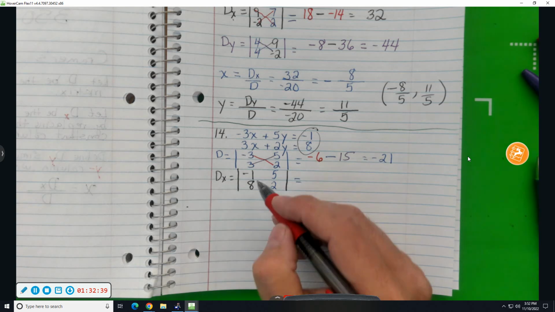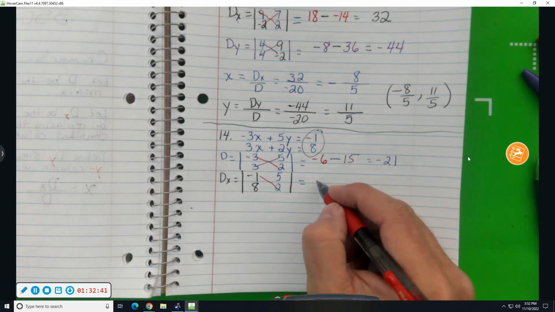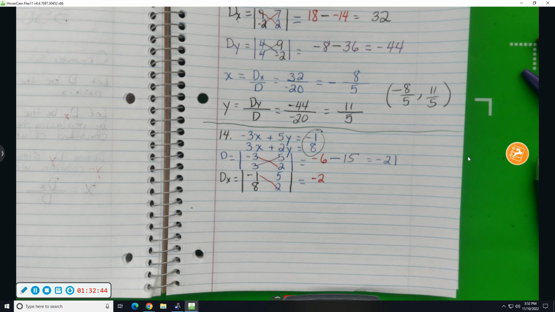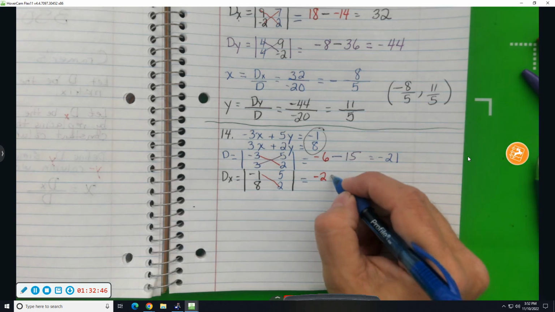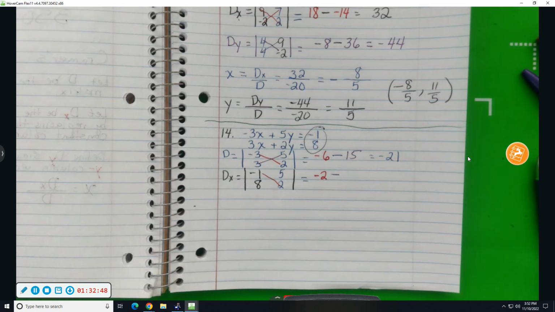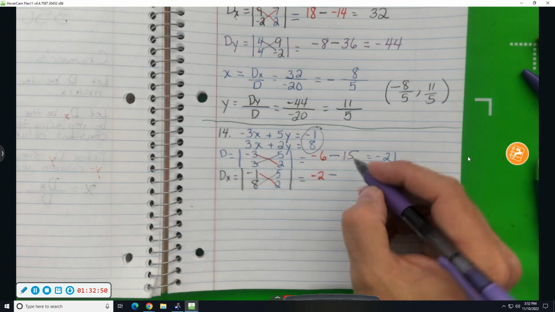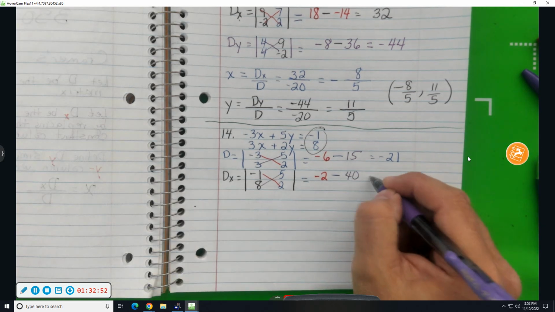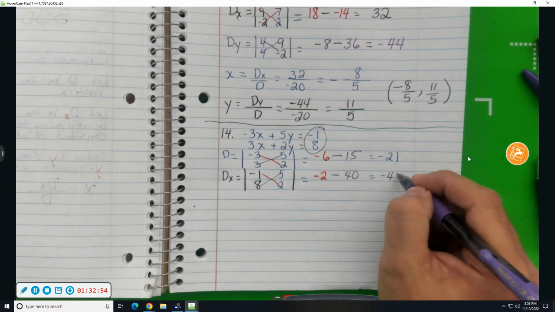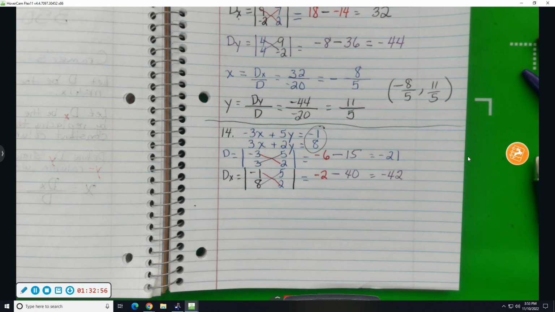So it would be -2 minus 40, which equals -42. We can already determine based off of the previous answer that x would be -42 over -21.